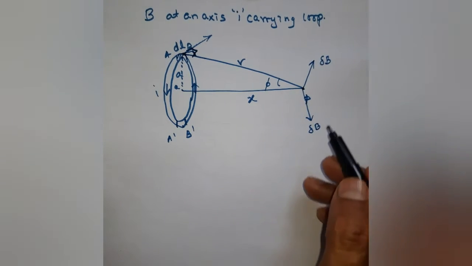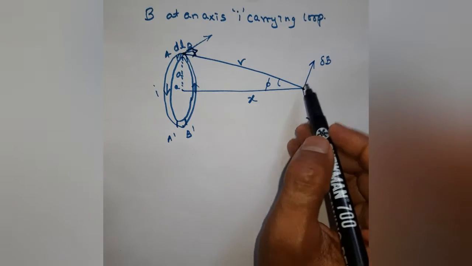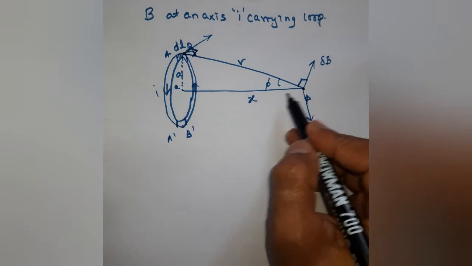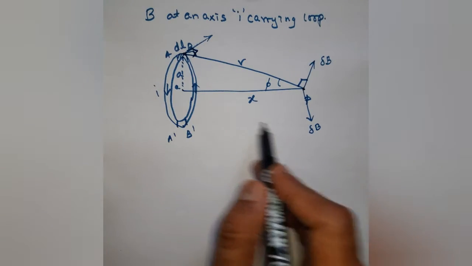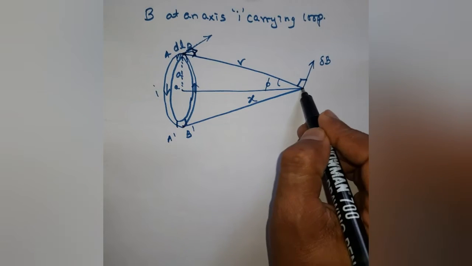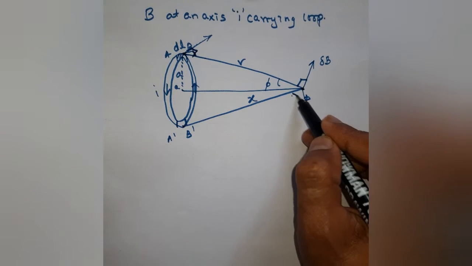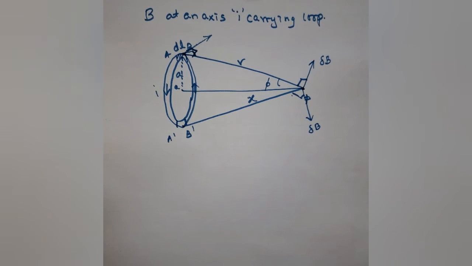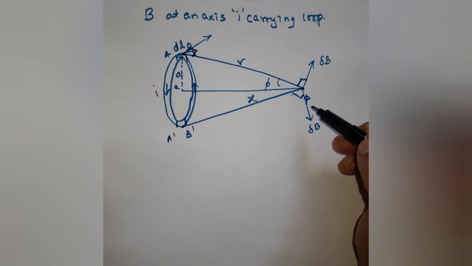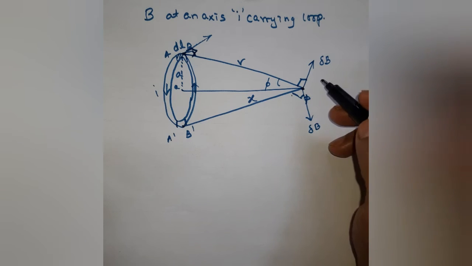Also, according to the right hand palm rule, this angle will be a right angle. Here also, with respect to the distance, this will be a right angle. We need to resolve this delta B and this delta B into components and find the resultant field.